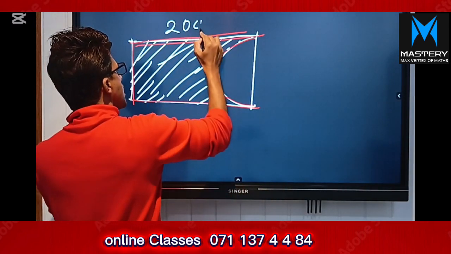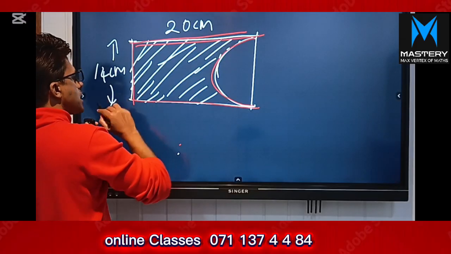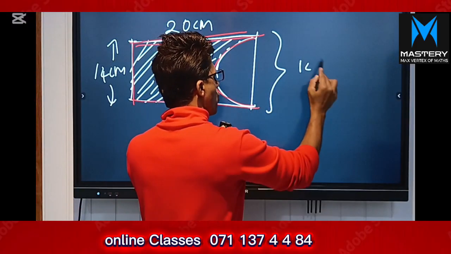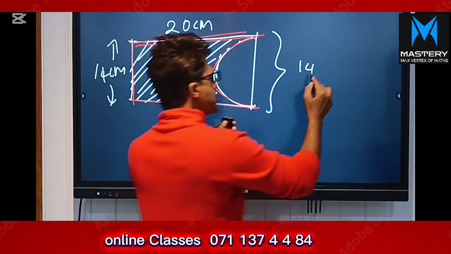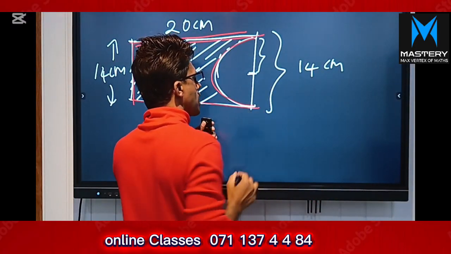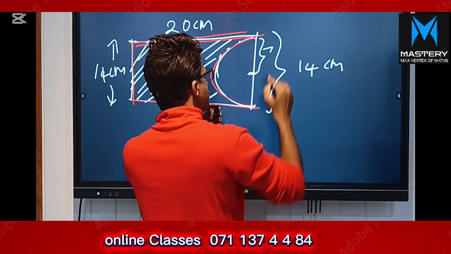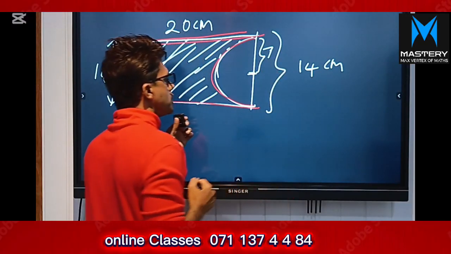This is 20 cm, this is 14 cm. So if this is 14 cm, this segment is also 14 cm, which means diameter. Diameter over 2 equals radius, so this is 7, this is 7.